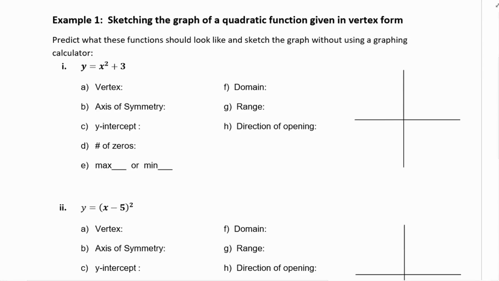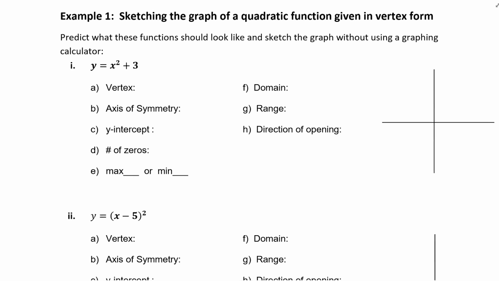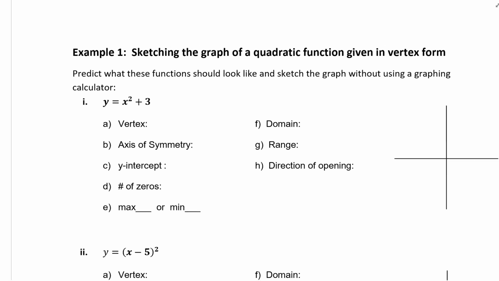So if we look at this first one, it says predict, meaning don't put it in your calculator yet, what these functions should look like and sketch the graph without using a graphing calculator. All right, so y = x squared plus 3. Now, remember the vertex form of our quadratic function here, y = a(x minus h) squared plus k.